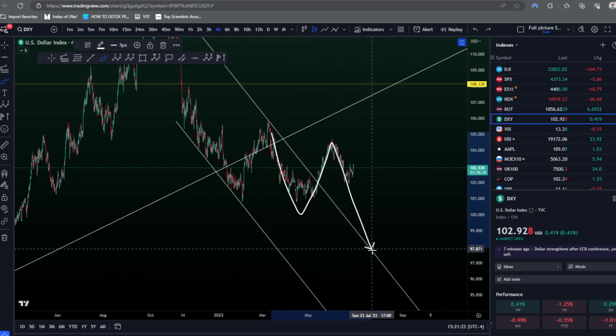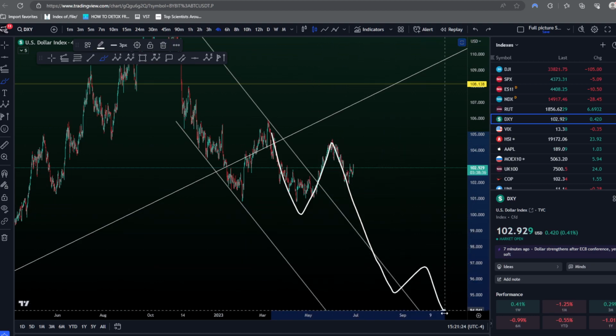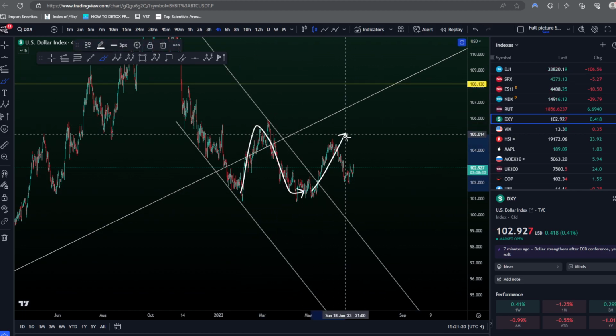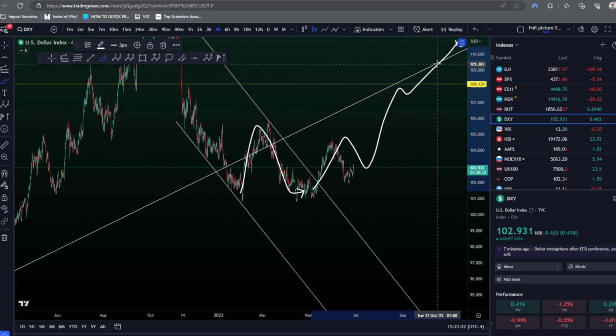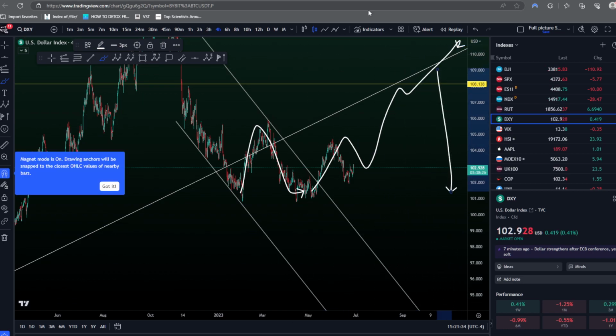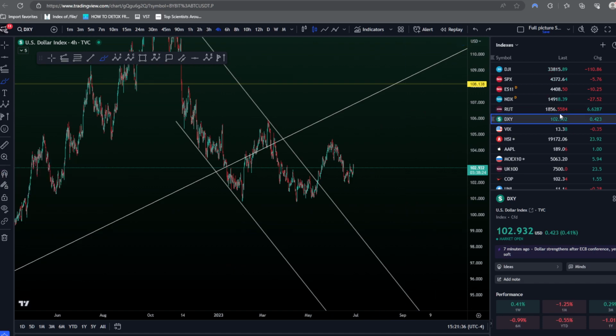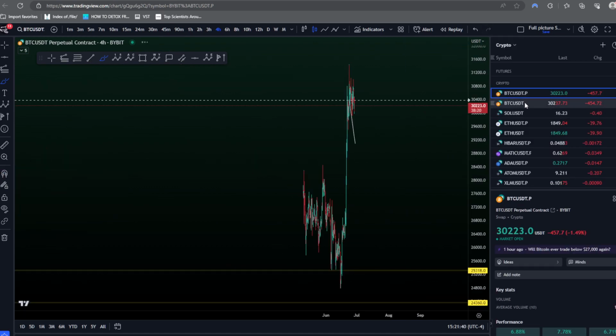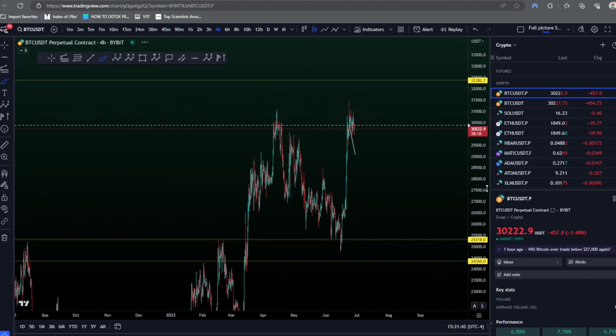Ultimately, I like something like this long term, but this could want to come like that and then come down. It's tough. DXY isn't giving me nothing today. I'm sorry. But yeah, that's the plan.